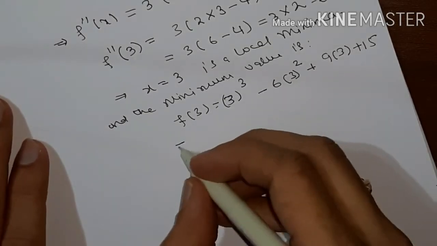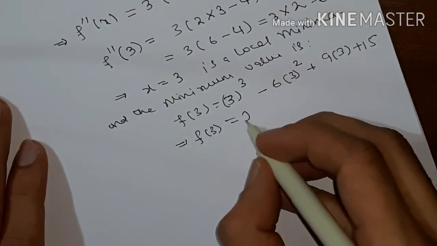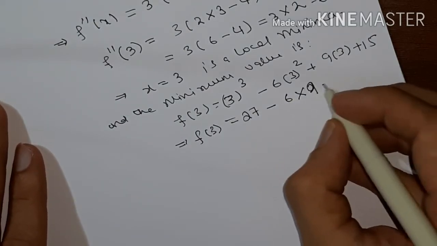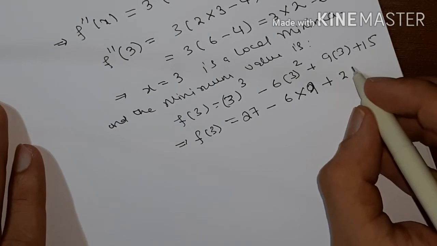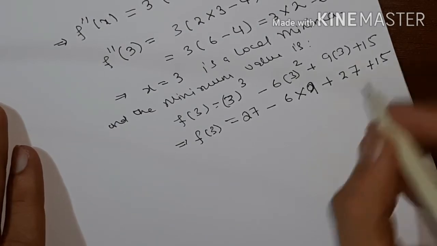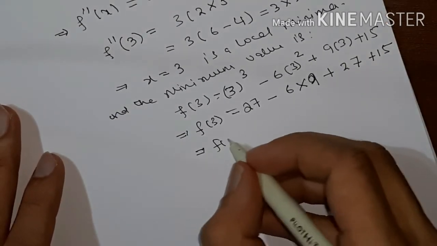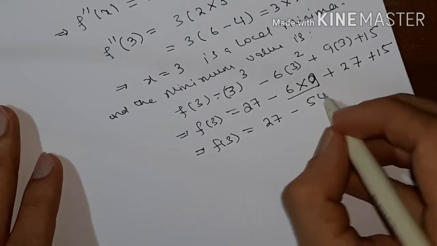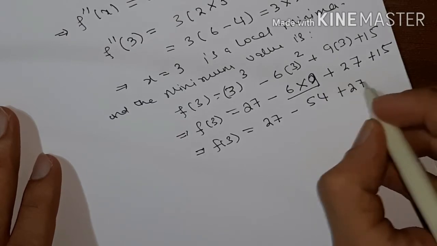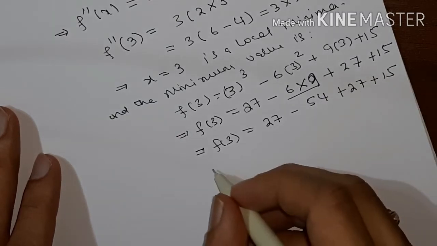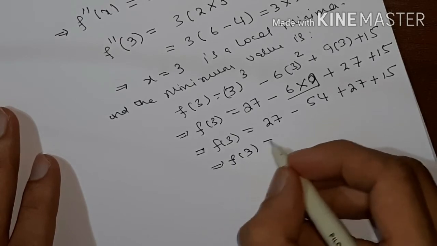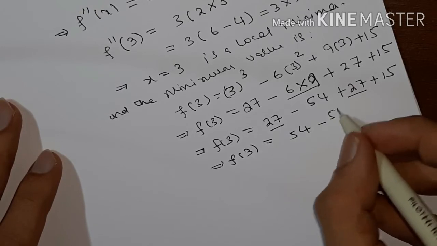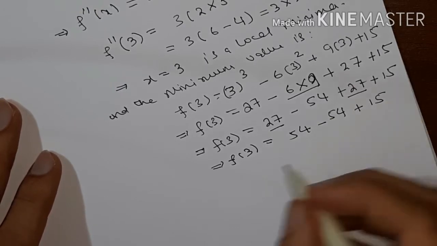So f of 3 is 27 minus 6 times 9, which is 54, plus 27 plus 15. 27 plus 27 is 54, and then minus 54 plus 15.